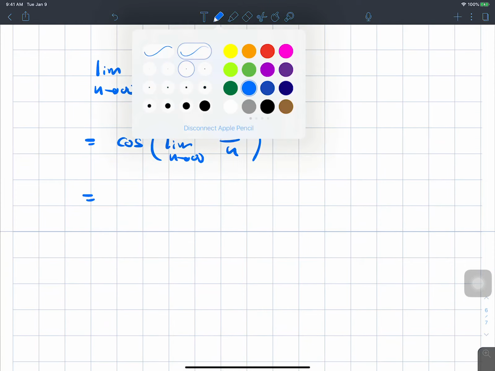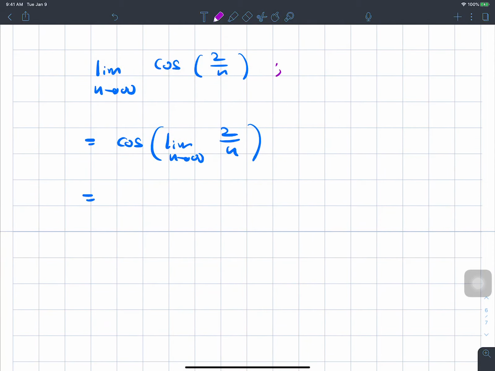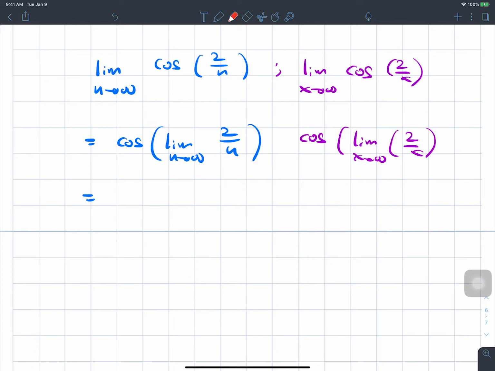Right? This is just completely analogous to a Calculus 1 question. You have cosine 2 over x. You say, oh, that's cosine of the limit of 2 over x as x gets big. And so what you know is that the limit of 2 over n as n gets big, this denominator here is getting big as n gets big, and the numerator is a constant.